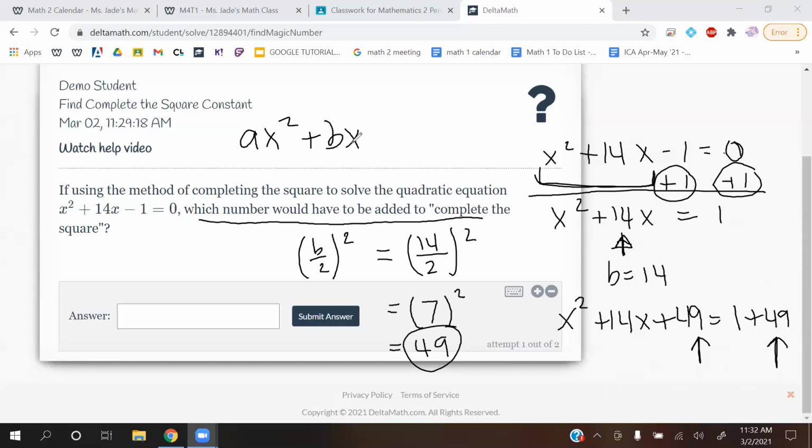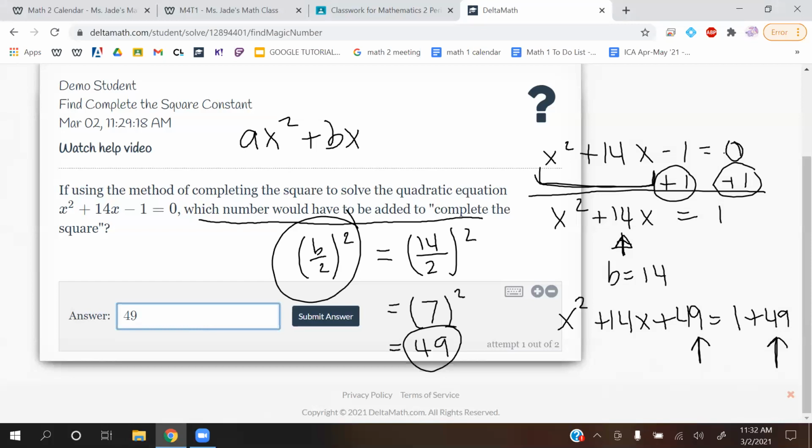So the formula that I want all of you to write down is this: b over 2 squared. This is the magic number that you have to add to both sides to complete the square. So let me go ahead and type that in over here. So that is your formula, the b over 2 squared.